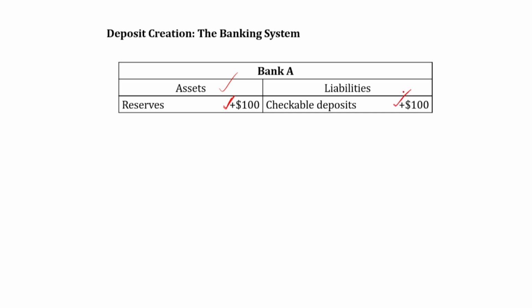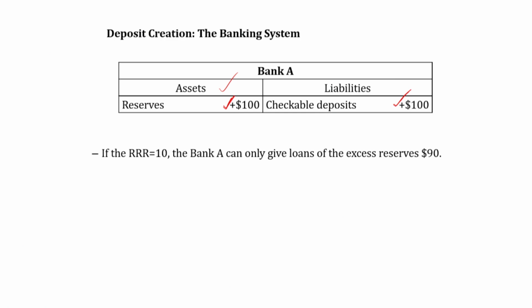So on the liability side, checkable deposits increase by $100. That means this much amount will be credited to the depositor who deposited this check here.